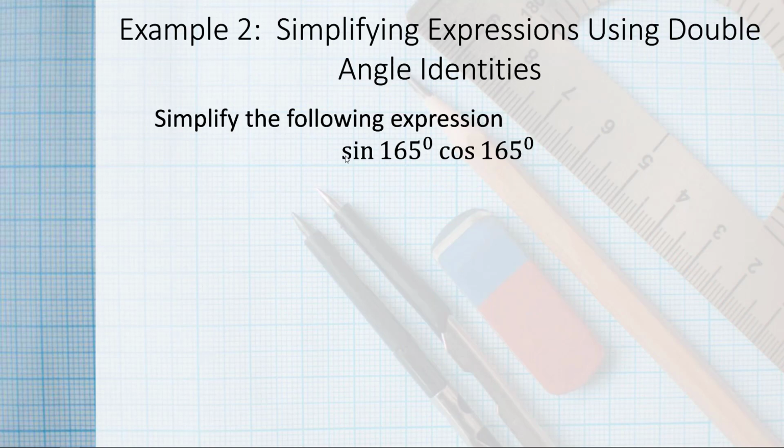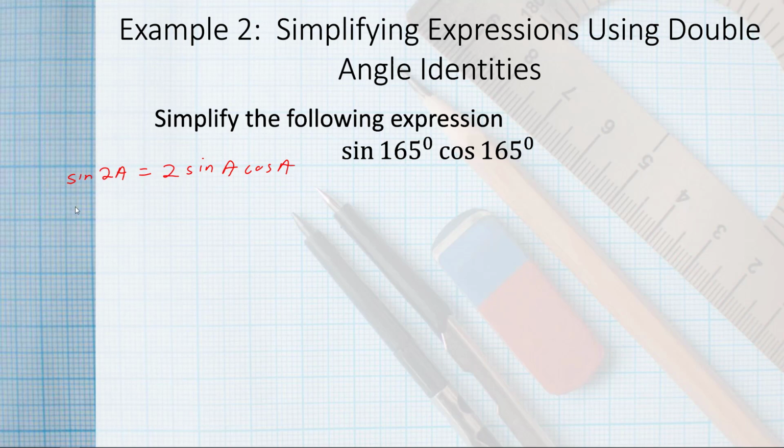Here's example 2. And you might say to yourself, what does this example have to do with double angle identities? Well, just recall that the sine of 2a is equal to 2 times the sine of a times the cosine of a.